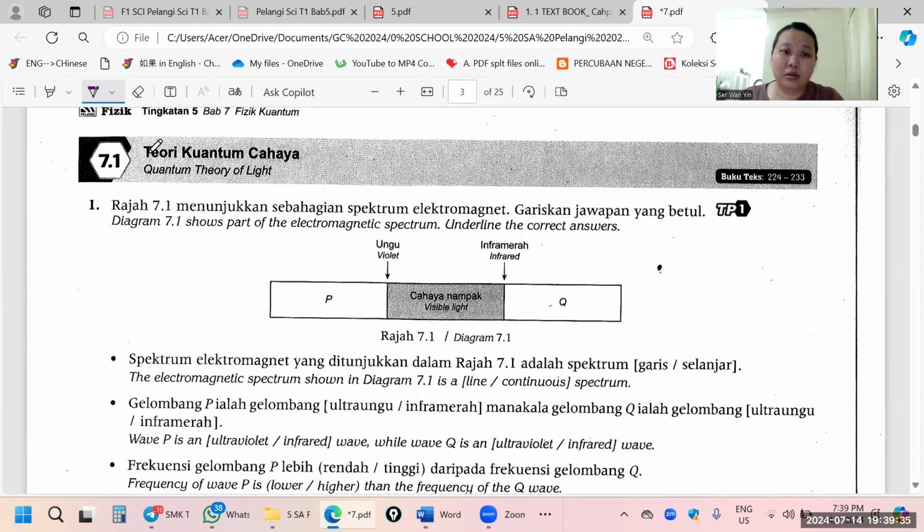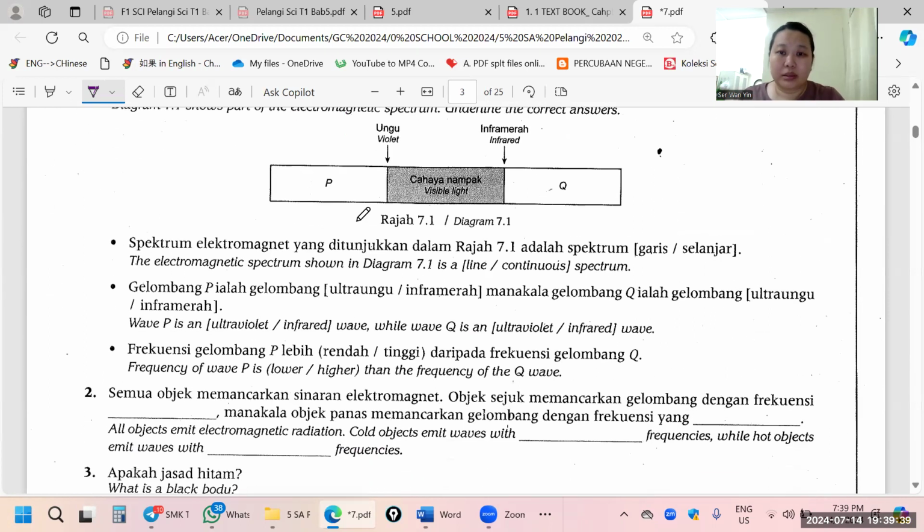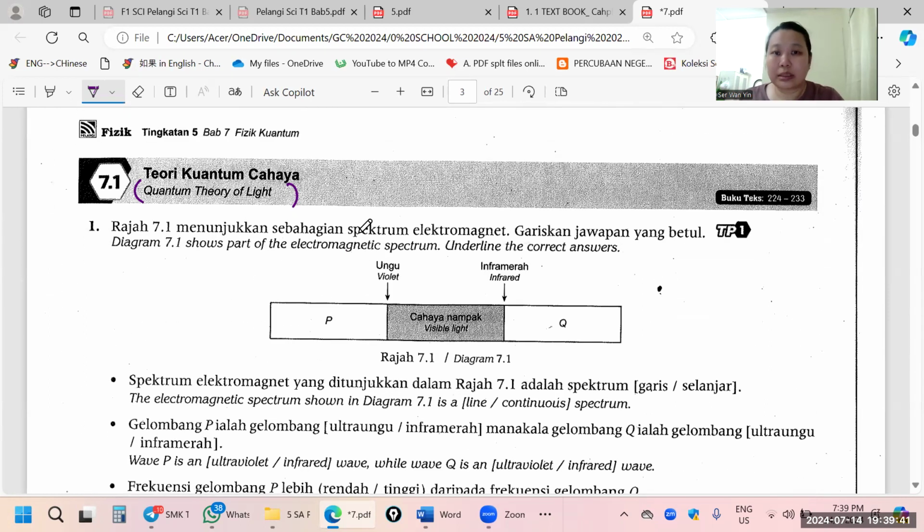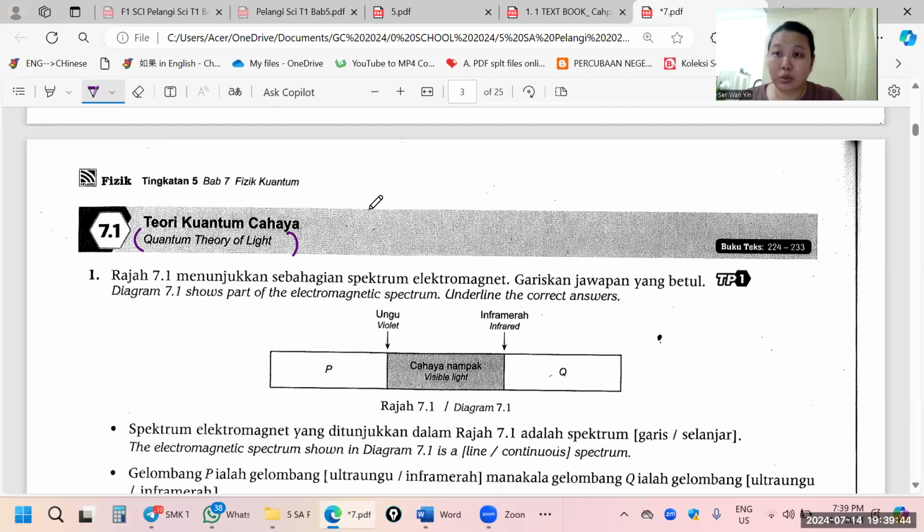Okay, so now quantum theory of light. Before we start, you need to recall the EM wave. Still remember what is EM wave? Electromagnetic spectrum.